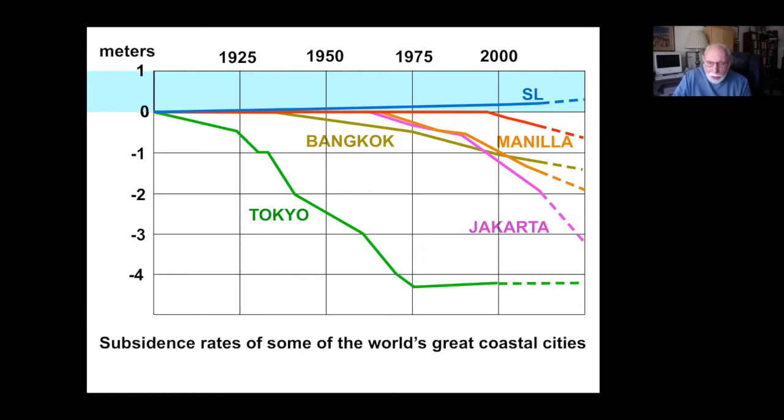And once the groundwater is pulled out, the sediment compacts, and they managed to stop it in 1975, but there's no recovery. It still is going to be about 4 meters below sea level relative to where it was at the beginning of the 19th century.